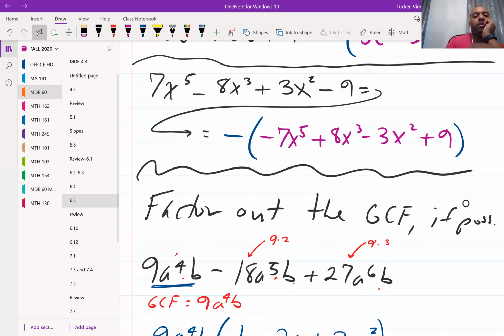Got another GCF. So we have 9a to the 4th b minus 18a to the 5th b plus 27a to the 6th b. You want to factor out the GCF.